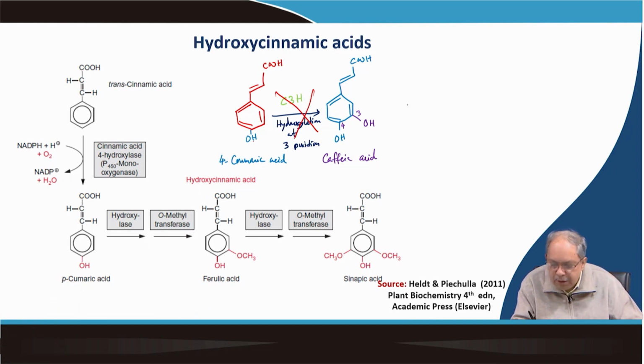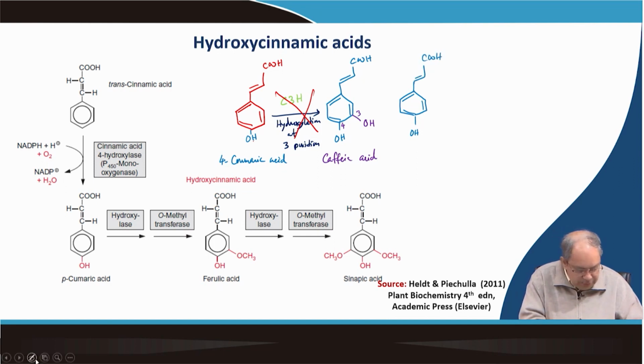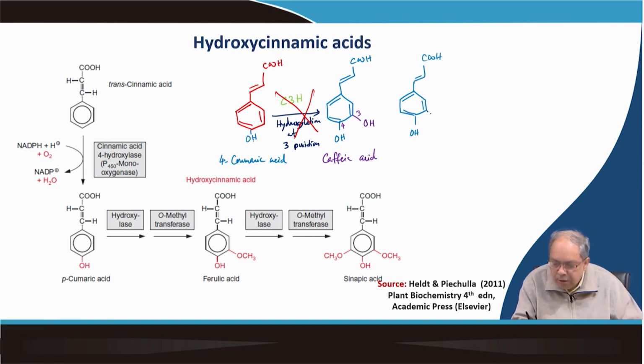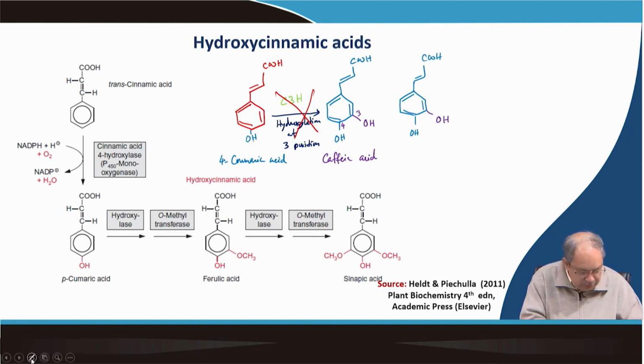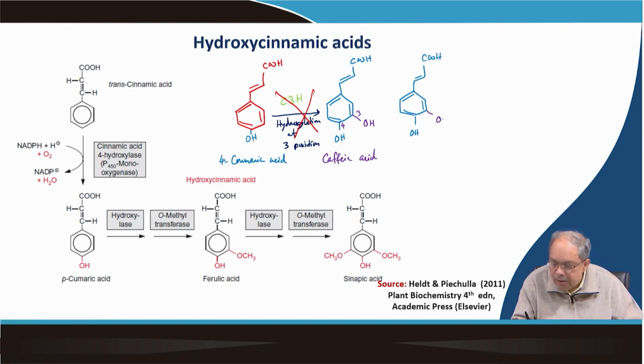For example, ferulic acid. Caffeate has an OH; if you remove that OH and add CH3, it becomes ferulic acid.